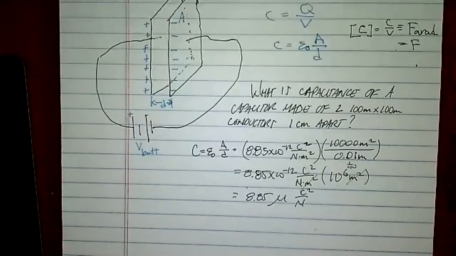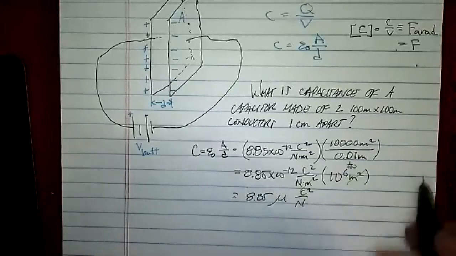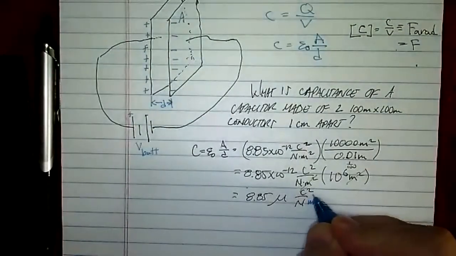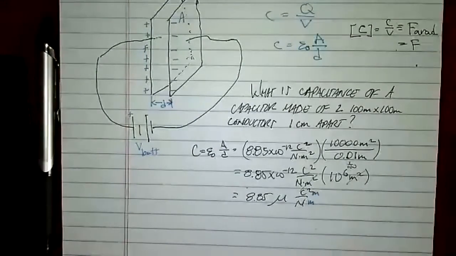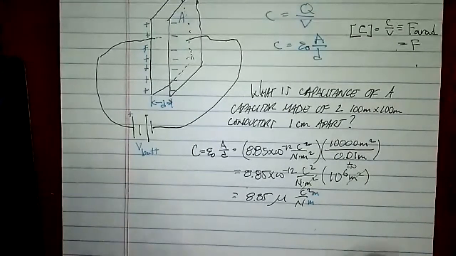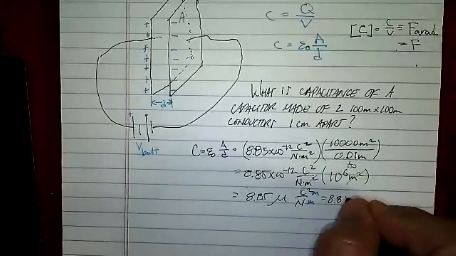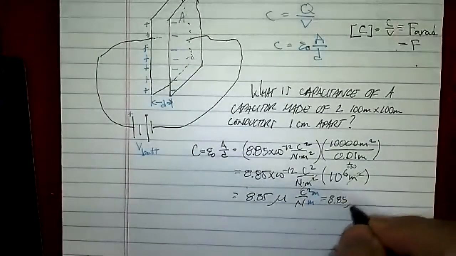Now, that's kind of weird. It doesn't really help me very much. But I remember if I multiply this by a meter on top and bottom, I could say multiply by a meter here and a meter here. Then I haven't changed the value because I basically just multiplied by 1. So I'll say that's 8.85 micro.